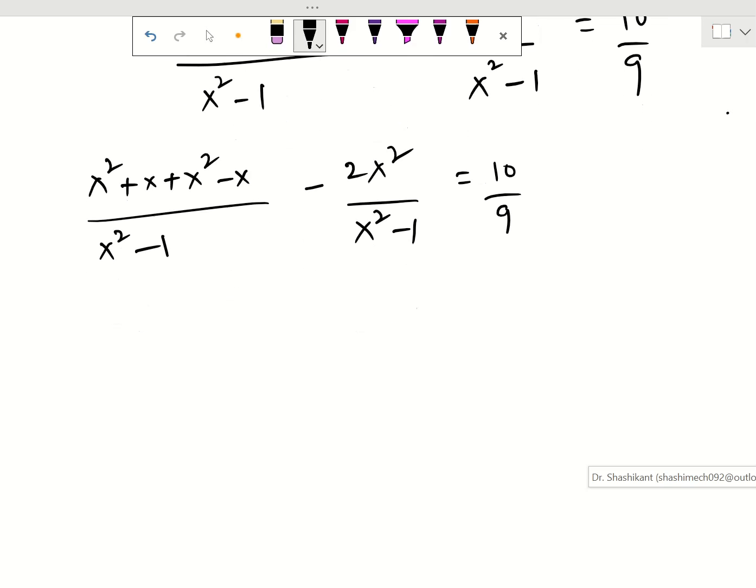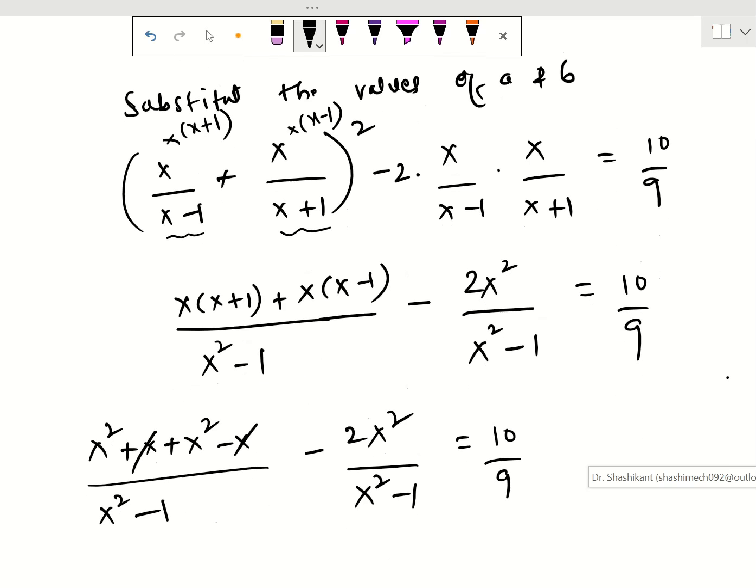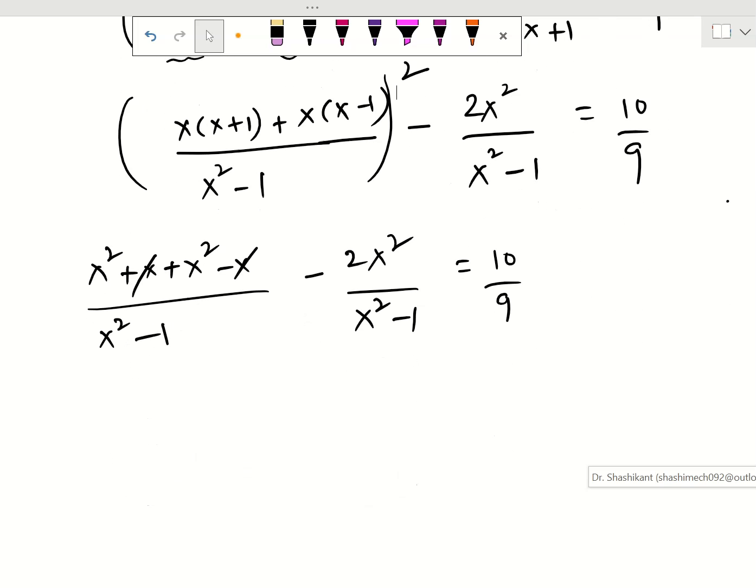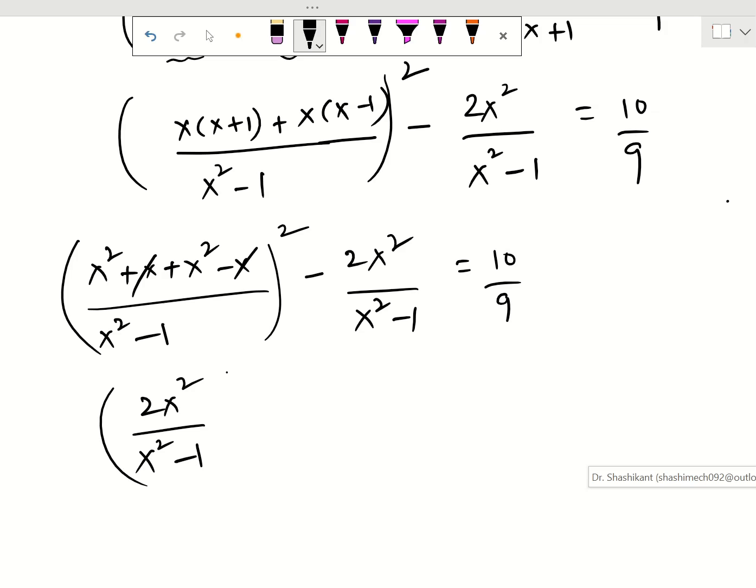So now x will get cancelled. Sorry, I have forgotten to write the square on this term, so the square is there. Then x will get cancelled and we'll be having 2x square over x square minus 1 whole square, and minus 2x square over x square minus 1, is equal to 10 over 9.